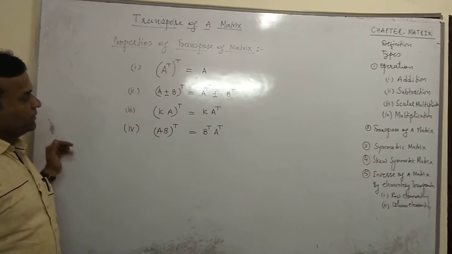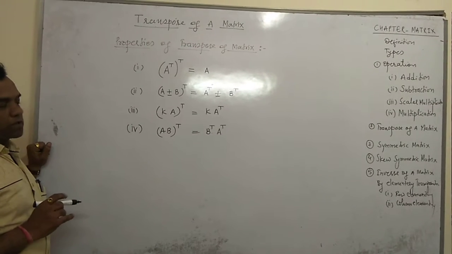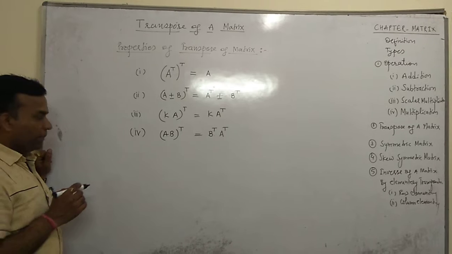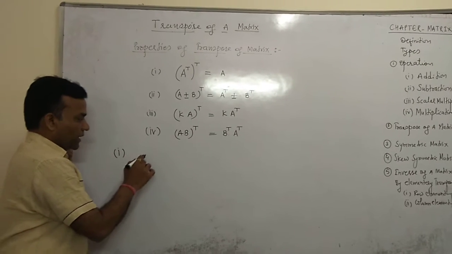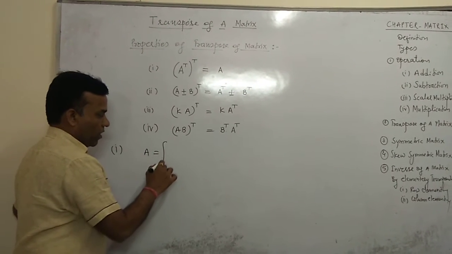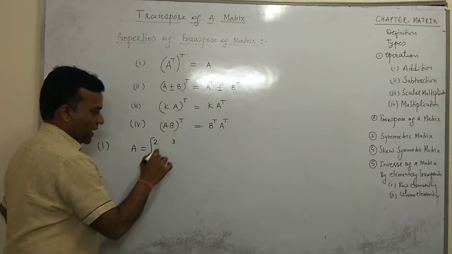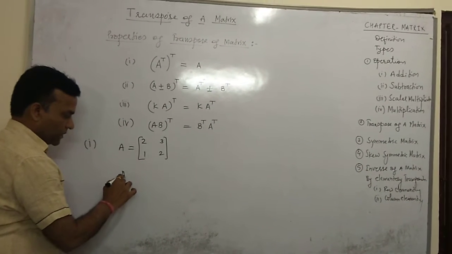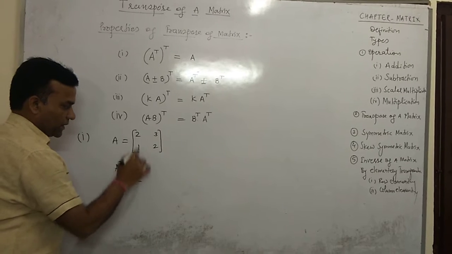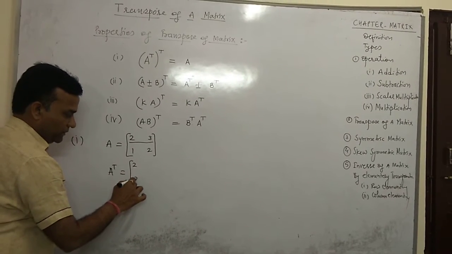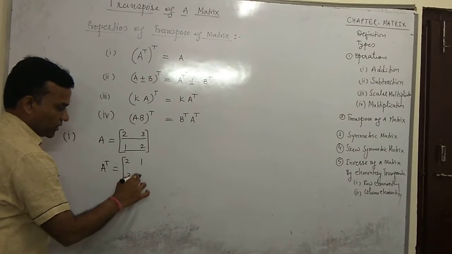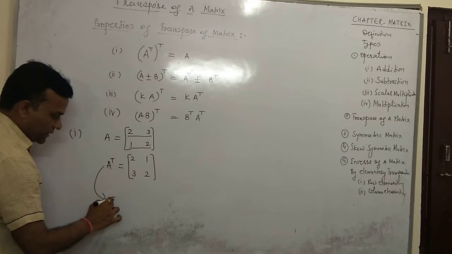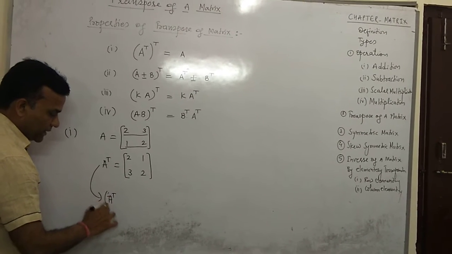Now we describe A transpose of transpose. All properties we explain with the help of examples. For the first property, we take an example of a 2 by 2 matrix: 2, 3 and 1, 2. Then we find the transpose of this matrix. Your first row converts into a column, your second row converts into a column, and then again you find the transpose of this matrix.